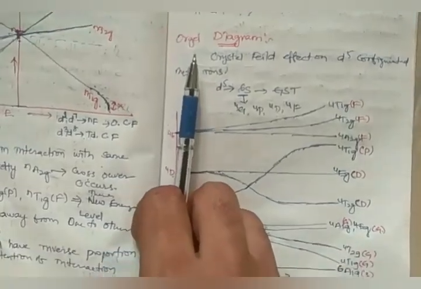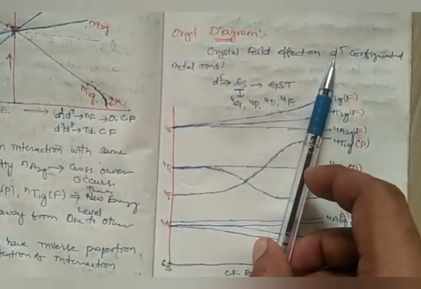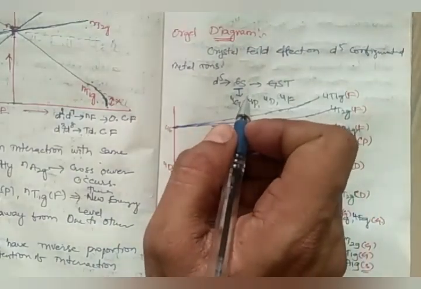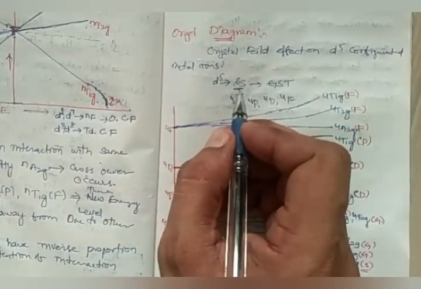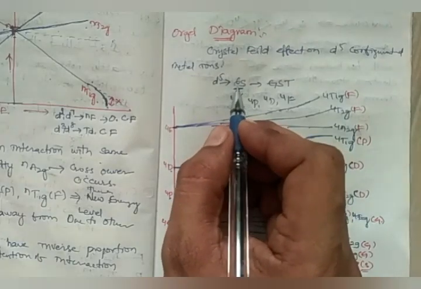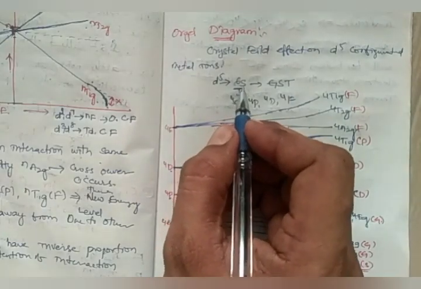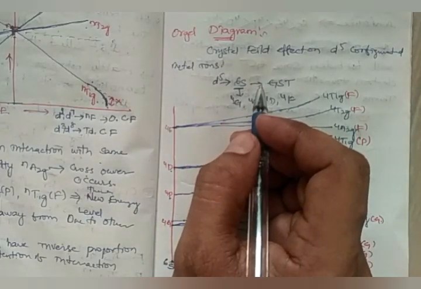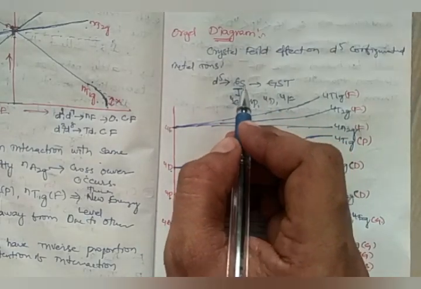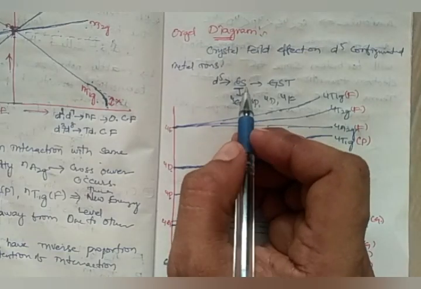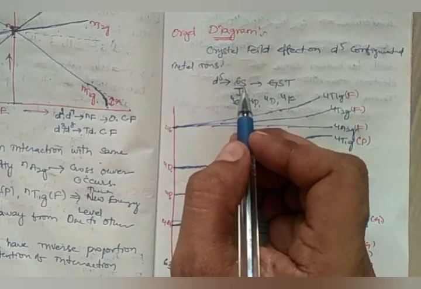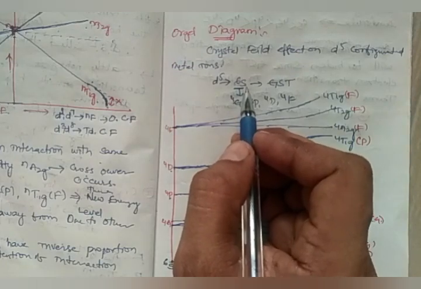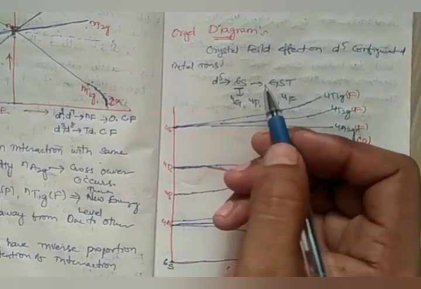Coming to the next Orgel diagram, for the D5 electronic configuration. In the D5 electronic configuration, we have the ground state term symbol 6S. Upon crystal field effect, the S term, as it is non-degenerate, singly degenerate, having only a single orbital multiplicity, never undergoes splitting.